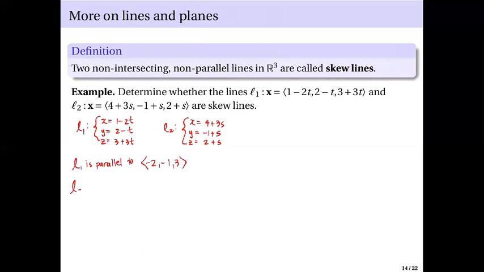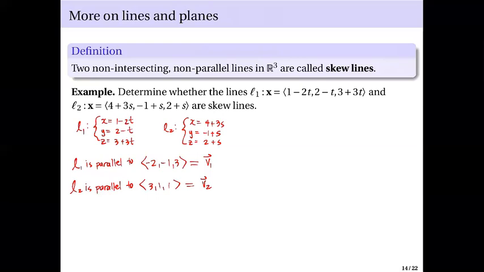Your L2 is parallel to the vector, the coefficients of s here, (3, 1, 1). Let me label this as your V1, and this guy here as your V2. So if L1 is parallel to V1 and L2 is parallel to V2, in order to determine whether L1 and L2 are parallel, we have to determine whether V1 and V2 are parallel.